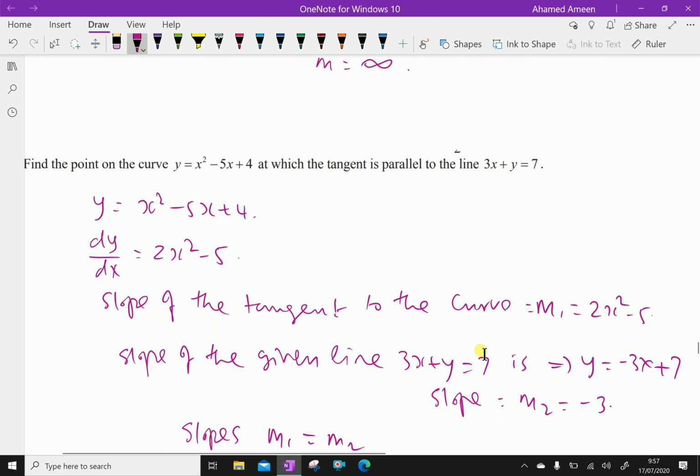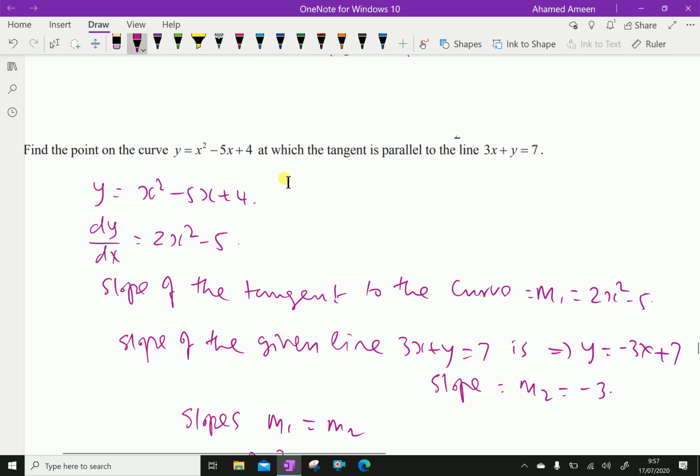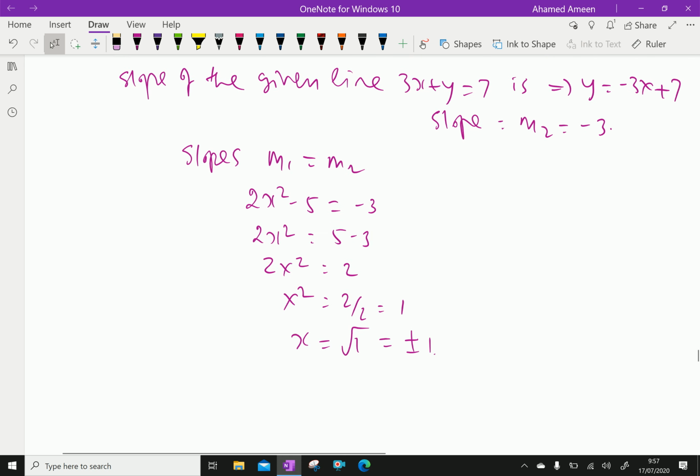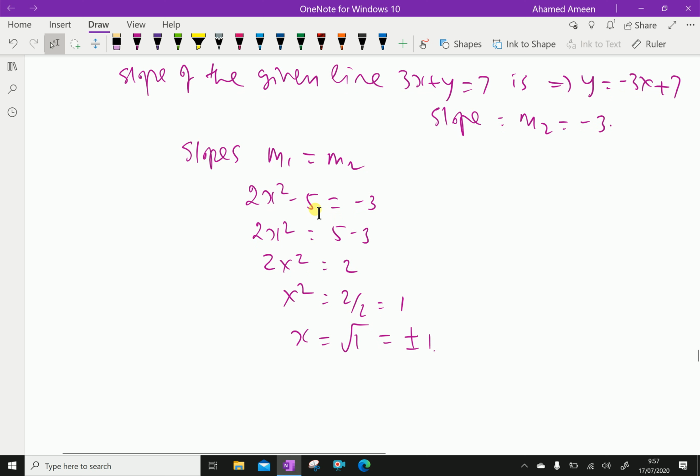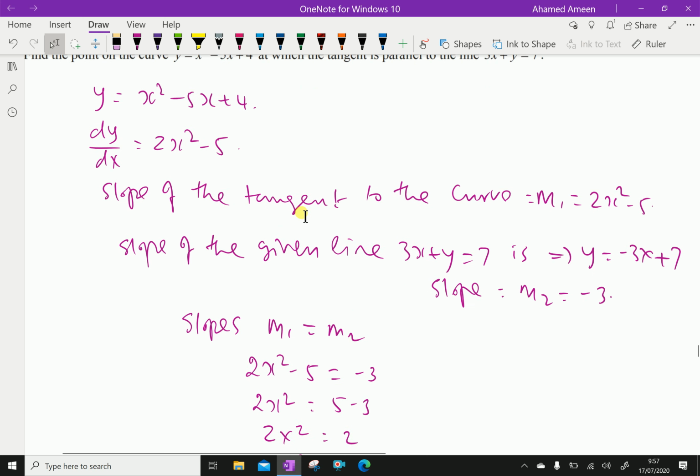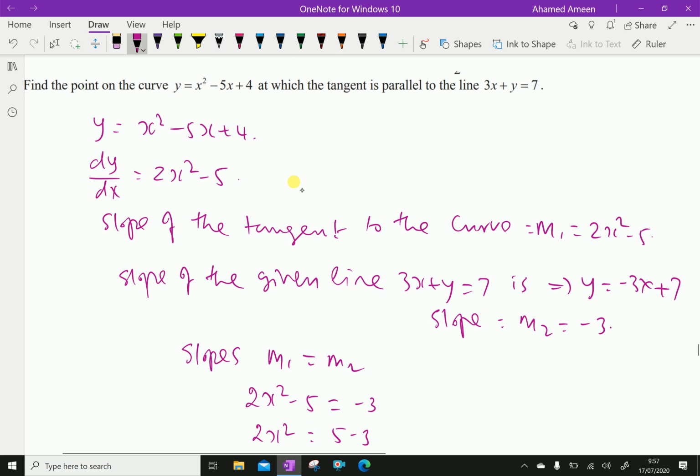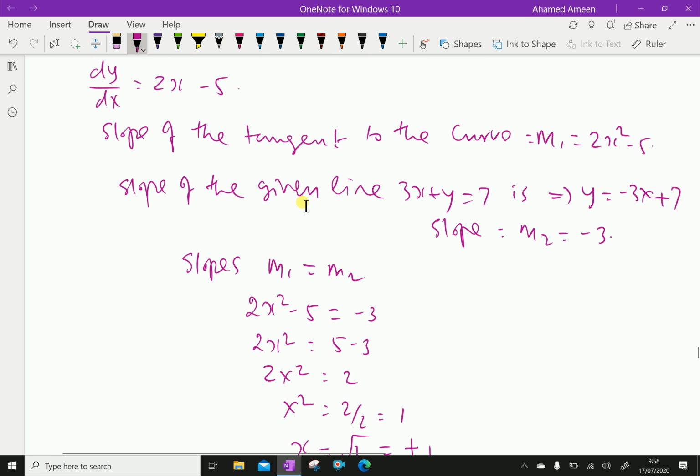We have to find the point at which the tangent is parallel to the line. We have to find the point. So x we got, this is 2x minus 5, because differentiation of x square is 2x.